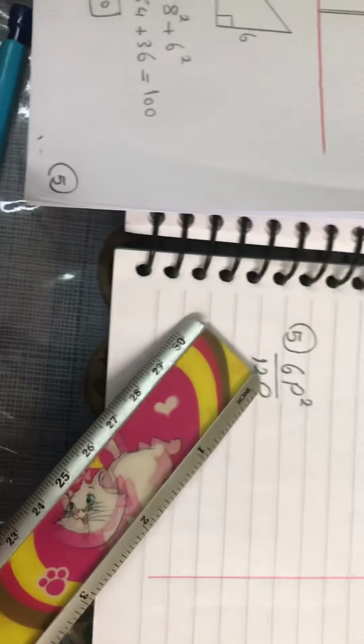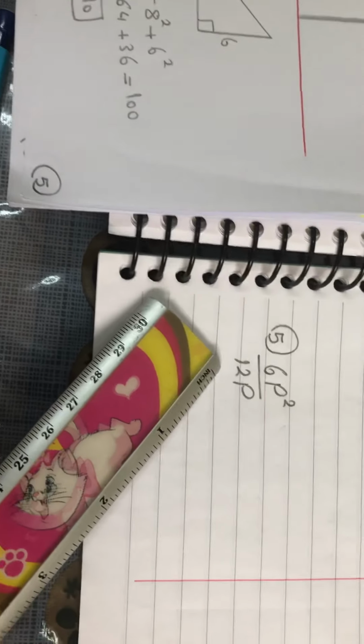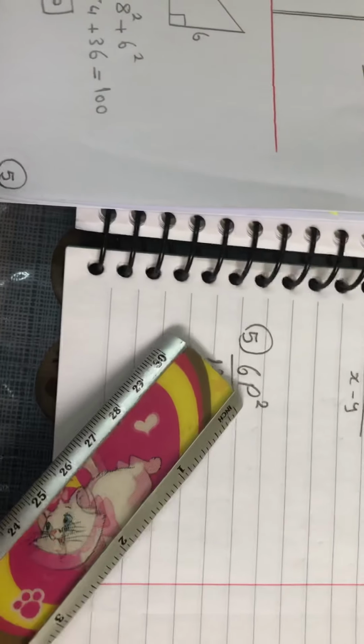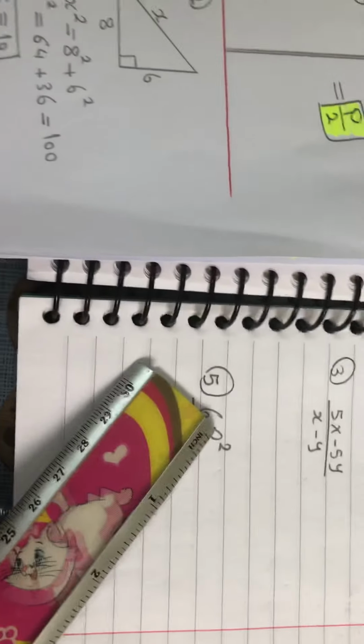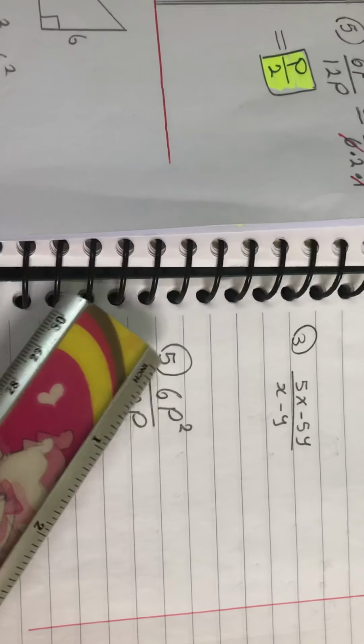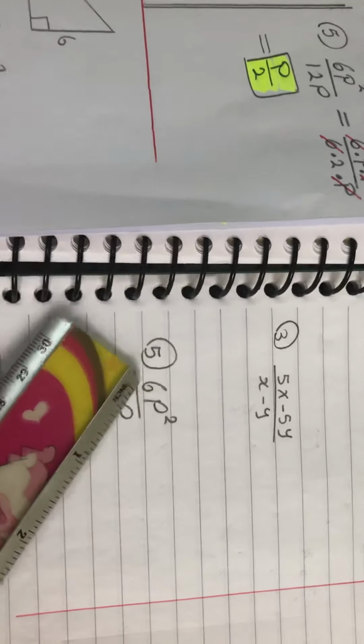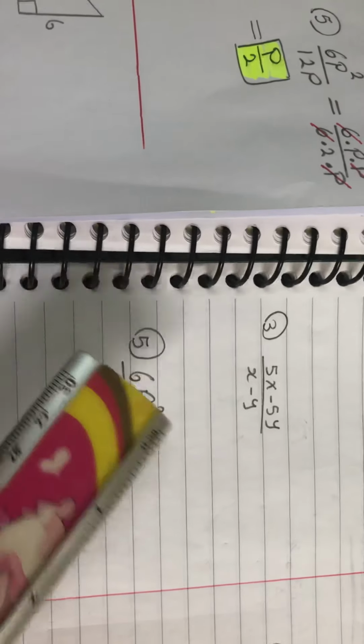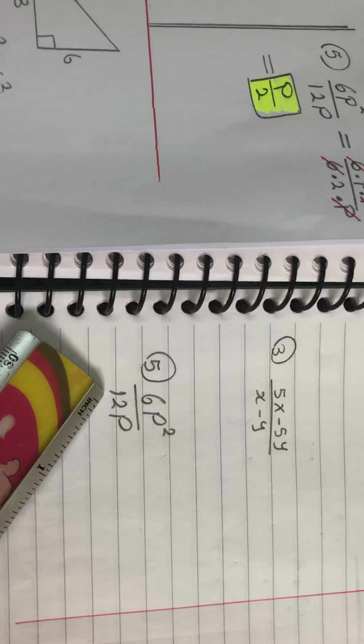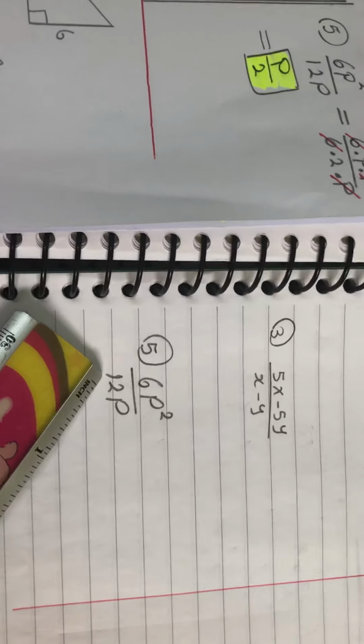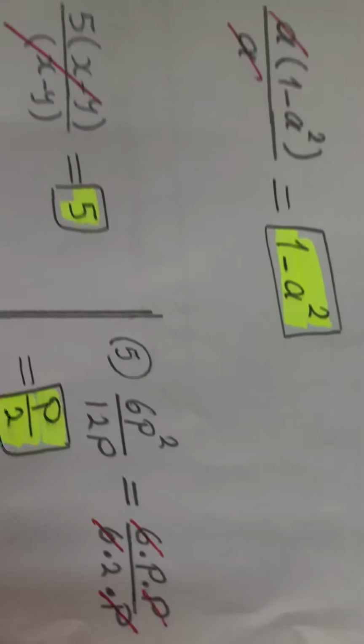Take care. And here, 6b squared over 12b. This 6 is 2 times 3, or you can keep it as 6. And this b squared is b times b. Then we can say that this 12 is 2 times 6. Like this.